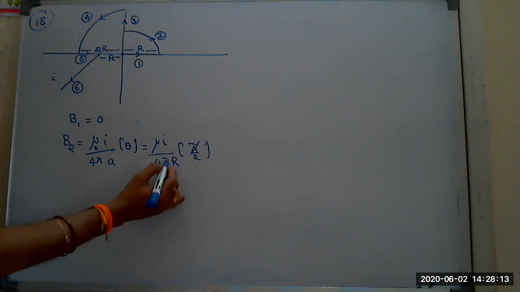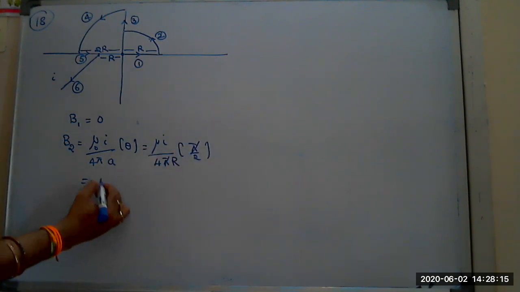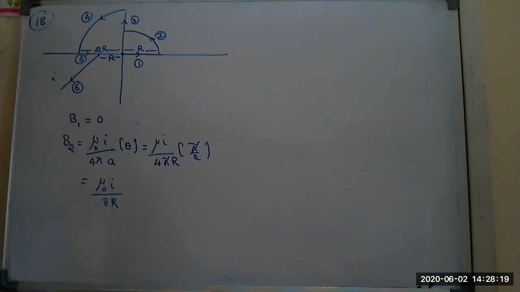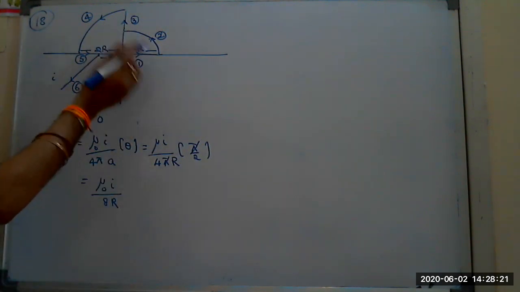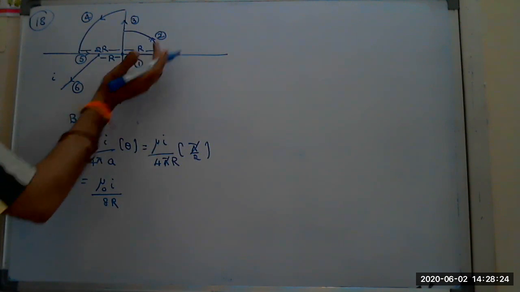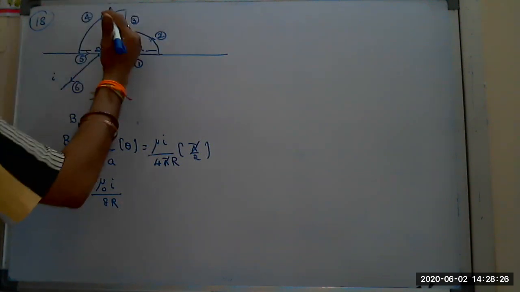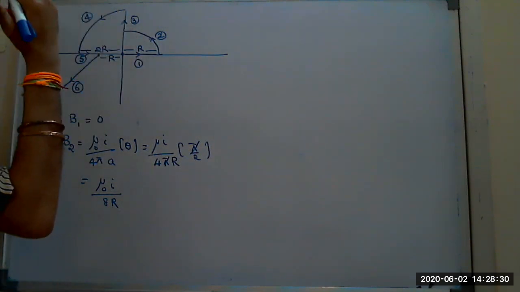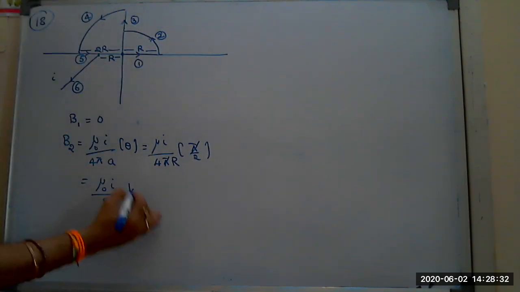So pi cancels, and B2 equals mu naught I by 8R. Look at the direction: it is outwards. According to the given coordinates in the problem, it is along the positive z axis, which is k cap.